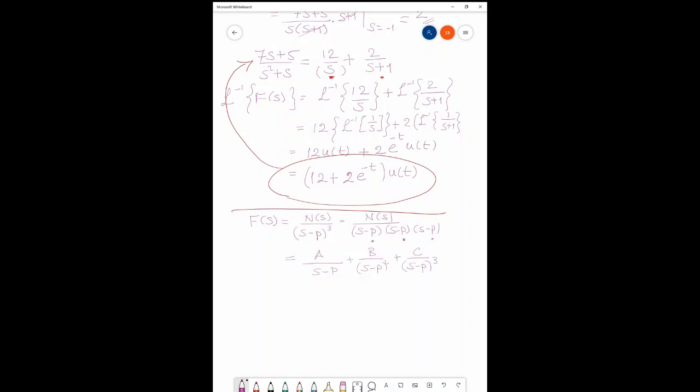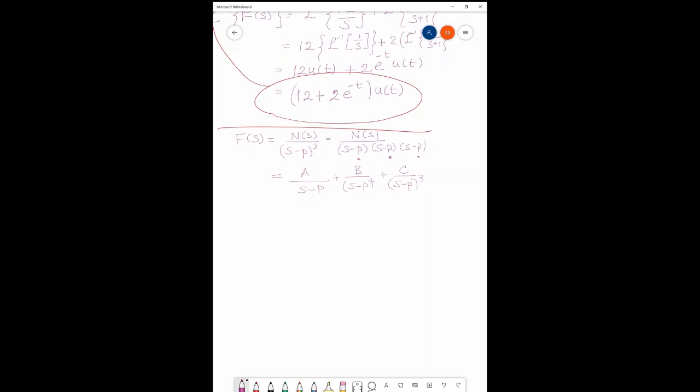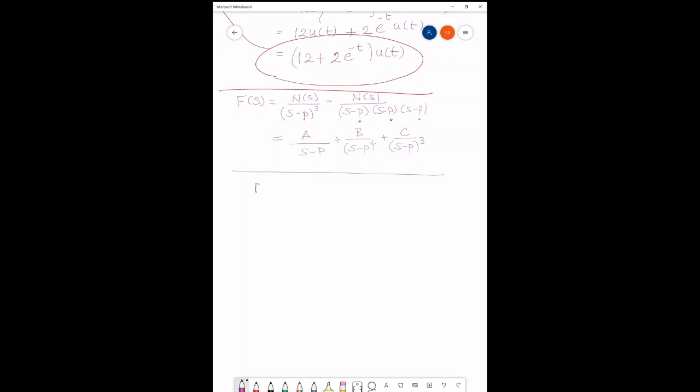I think it will be better if we do it using an example. So as an example, let's take f of s to be equal to, say, 2 over s cubed plus 12s squared plus 6s.